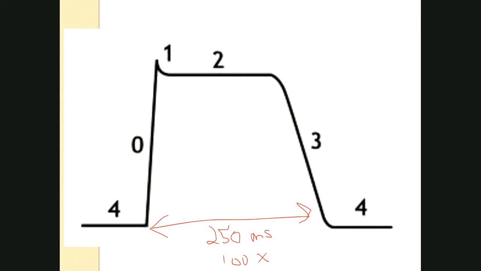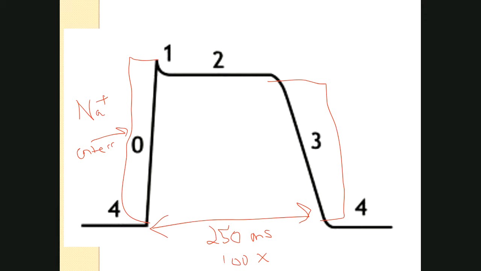So you tell me what's happening here. What's happening? Sodium enters. That's exactly right. And again, what happens over here? Potassium leaves. Exactly right. But the thing that takes the longest is this third event.